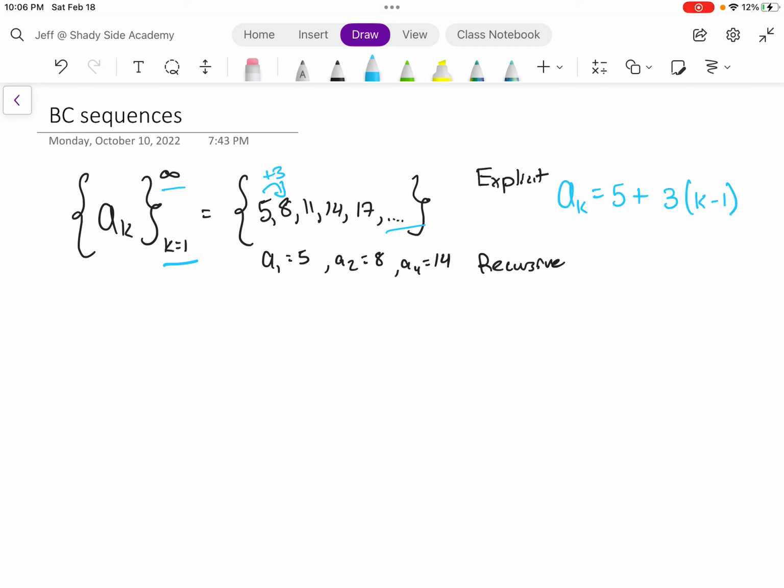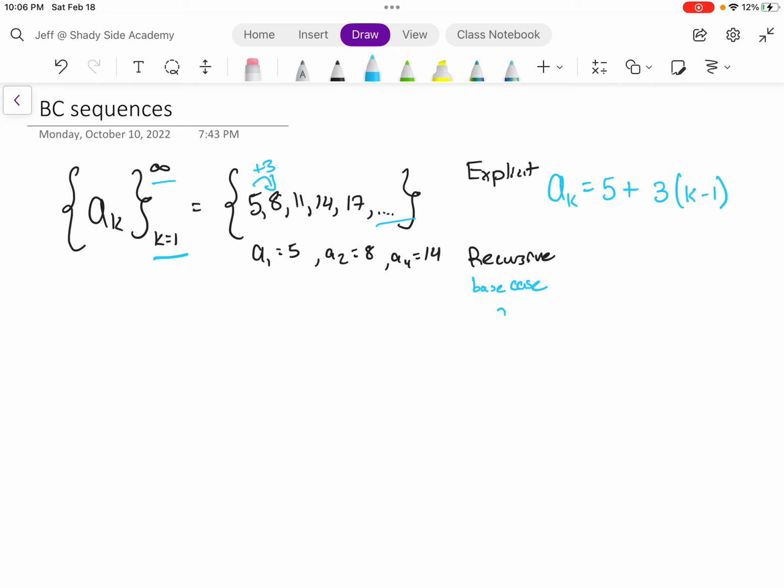If we were to define this recursively, recursively requires a base case and a term in terms of n minus 1, or in terms of previous terms. So my base case would be that my first term a sub 1 is 5, and then my kth case would simply be that the kth term is the last term I had plus 3.